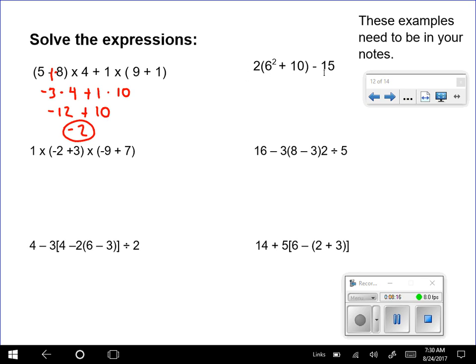First thing I notice are the parentheses, so let's look in there. Remember, when you're starting with the parentheses, PEMDAS restarts, so we have to think about the order that we need to do within the parentheses. So we're going to do the exponents first. 6 squared is 6 times 6, which will give us 36.